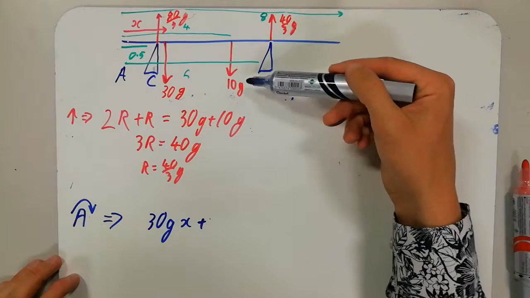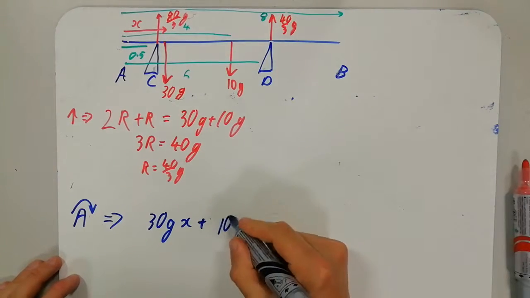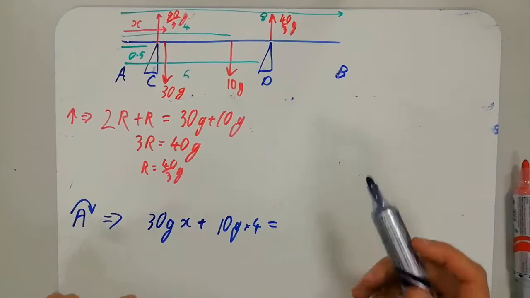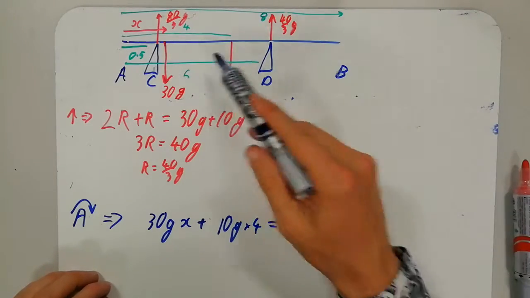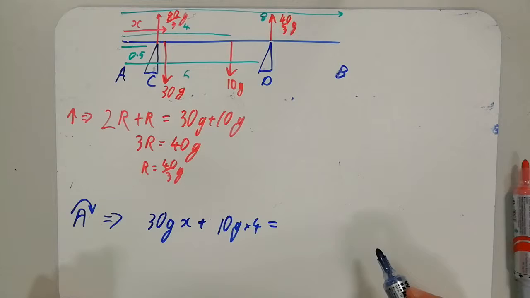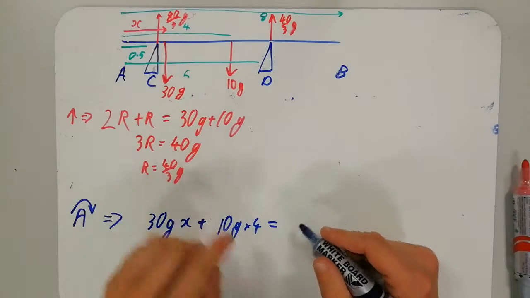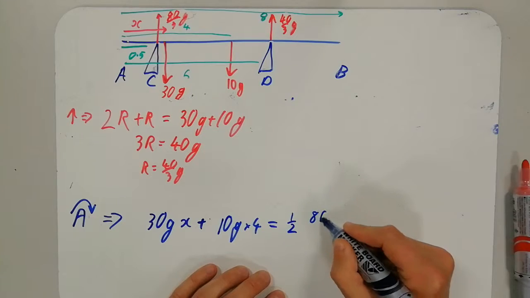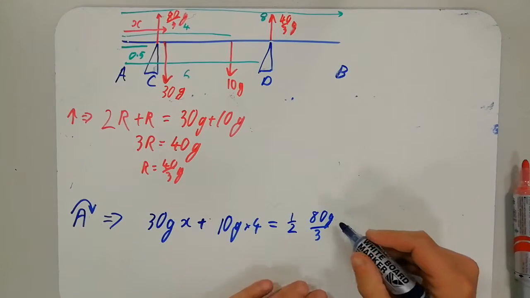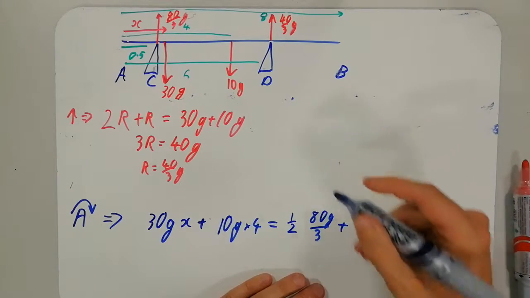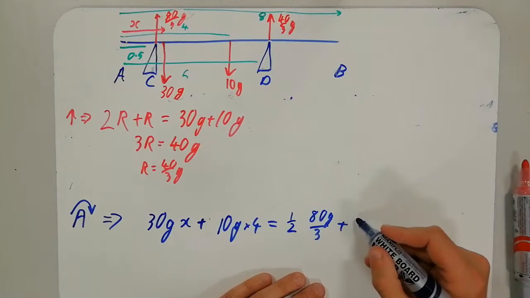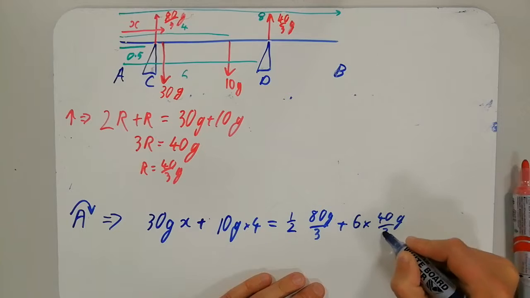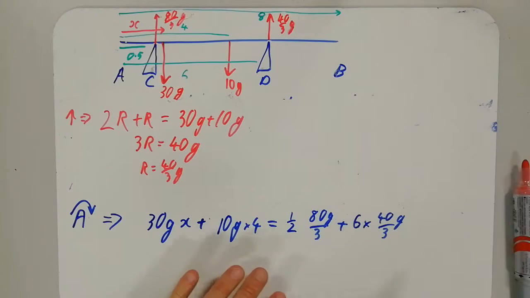That will be force times distance. And that must be balanced by these forces times distances. So we're going to have a half of 80g over 3 added to 6, the distance of that one, times 40g over 3. We've got lots of numbers here.